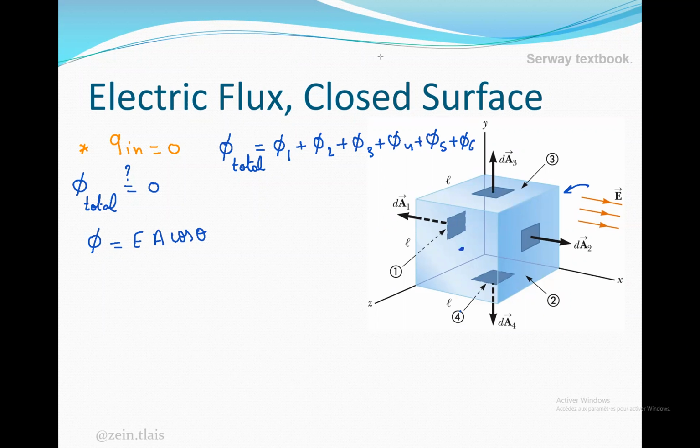So the flux phi 3 is equal to 0. Okay? We can take at the bottom A4. You know A must be perpendicular to the plane. And here we have E. The angle is 90, so phi 4 is equal to 0. The same for 5 and 6.